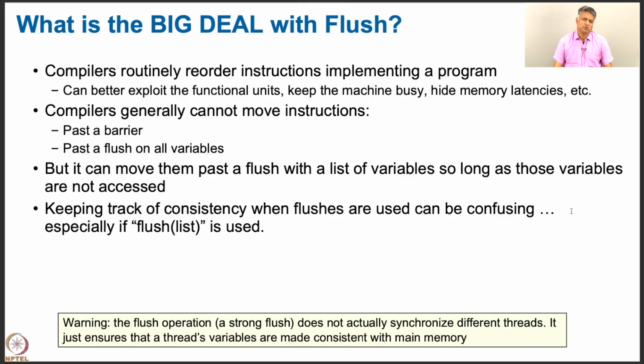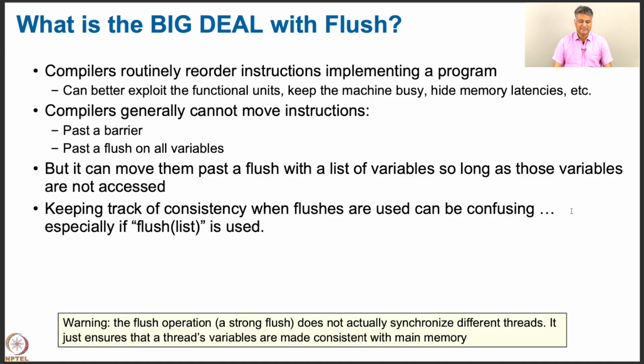So the question is, what is the big deal about flush? Now, we know from our earlier lectures that compilers will reorder instructions while implementing a program. This is essentially to keep the hardware level parallelism going so that the many functional units are utilized properly to hide all the memory latencies that occur in fetching data from different levels of cache.